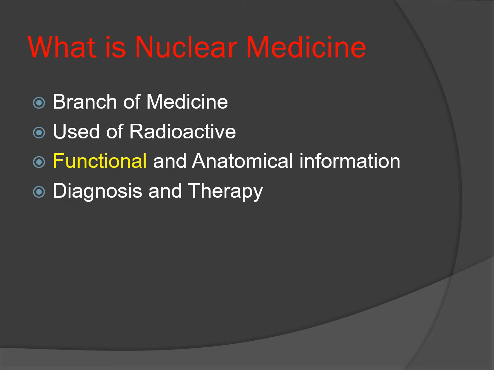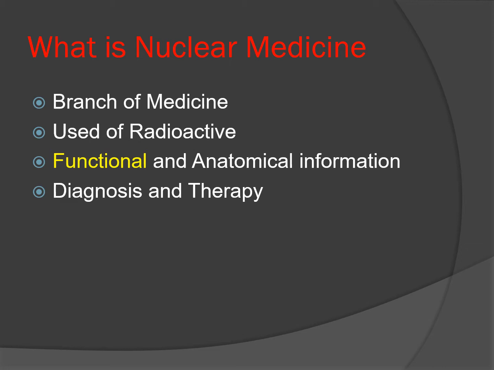in X-ray, the radiation is emitted by the machine itself. But for nuclear medicine, we use a radioactive material, then we inject it into the patient, then the patient will emit the radiation, which is detected by the instrument that we have, which is either a gamma camera or a positron emitter detector.